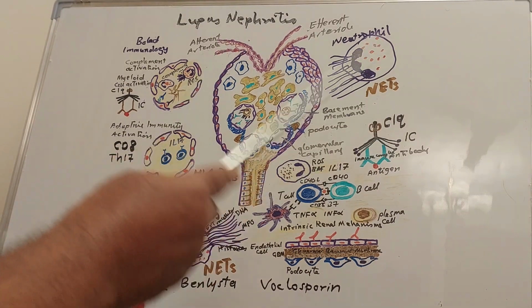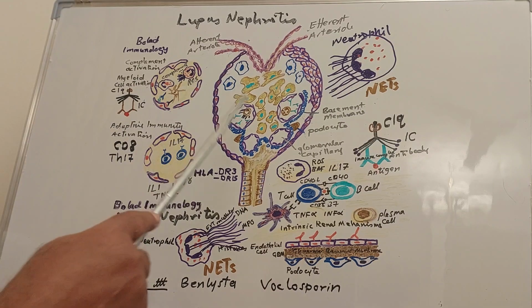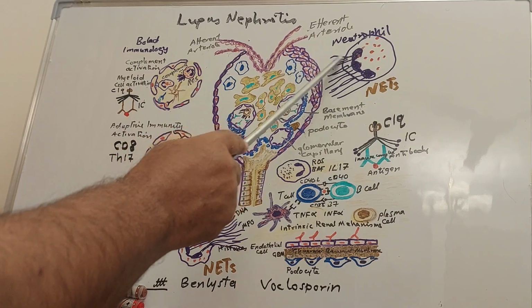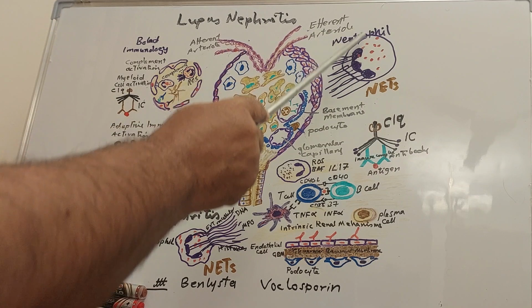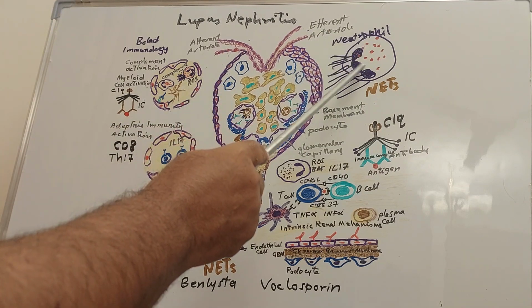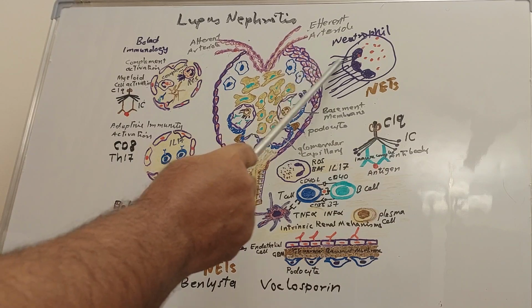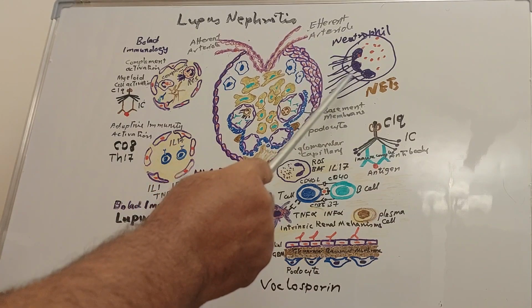Also, neutrophils in SLE are characterized by increased netosis. As can be seen here, the neutrophils modify their chromatin, and they send out some threads or sticky projections.